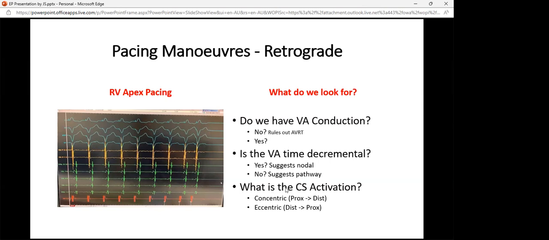Then I move on to look at what the CS activation is. Again, this is a very prognostic tool. I look at, is it what we call concentric? Is it normal? Is it going from the ventricle through the AV node, activating the right atrium and the CS from proximal to distal, meaning it's going from the right atrium, propagating across to the left atrium? Or is it eccentric? Is it going from the V and activating the distal side of the CS?